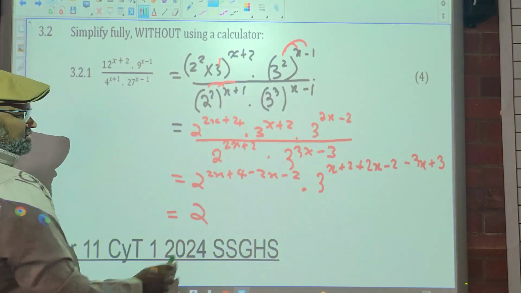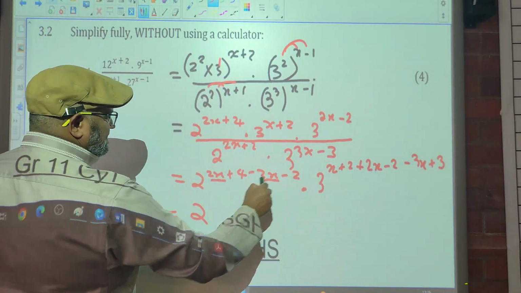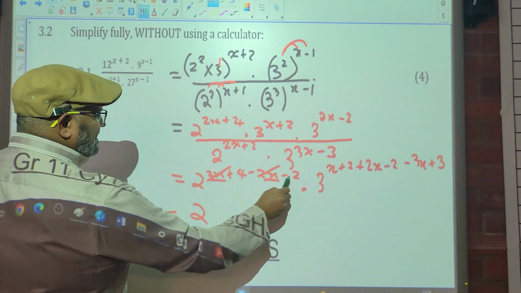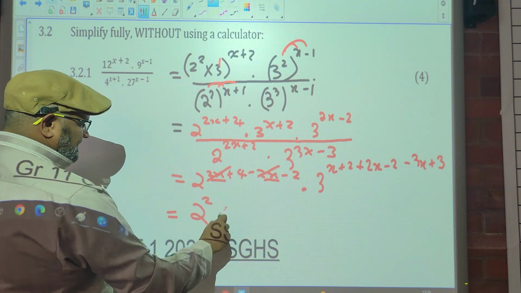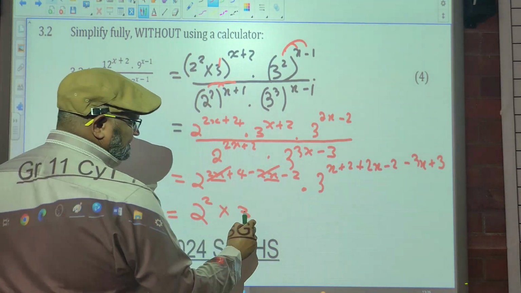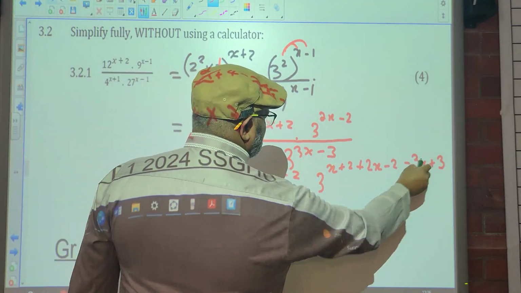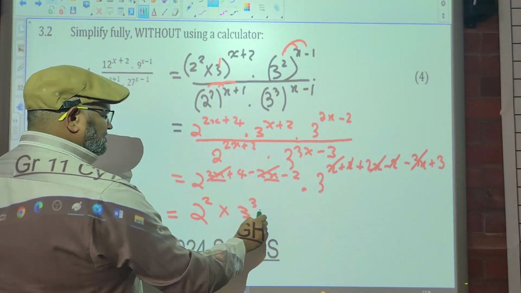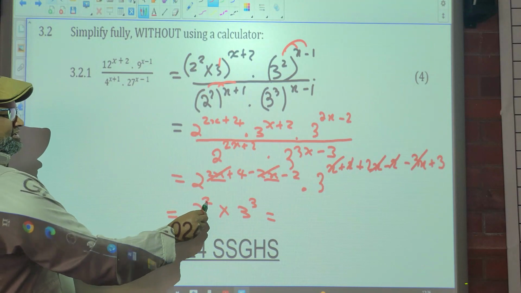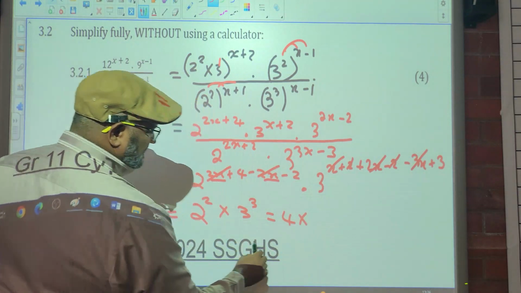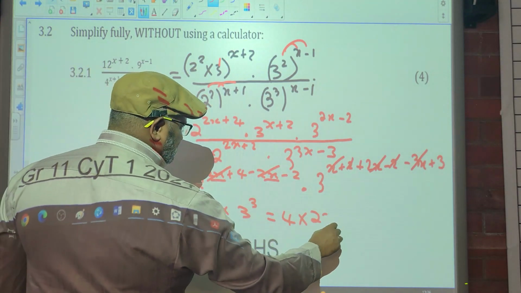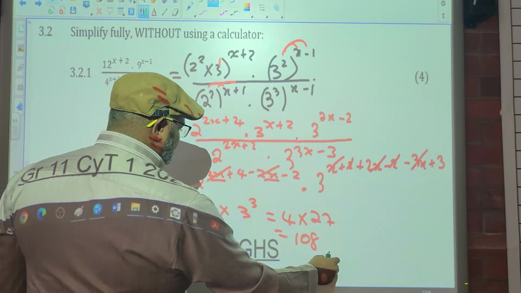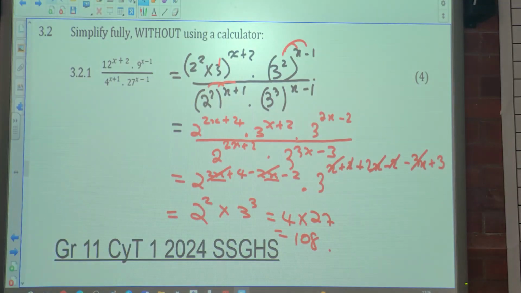So 2x minus 2x is 0, 4 minus 2 is 2. Then for the 3s, x plus 2x minus 3x is 0, 2 minus 2 is 0, which gives me an answer of 3. What is 2 squared? 4, times 27, which is 108.